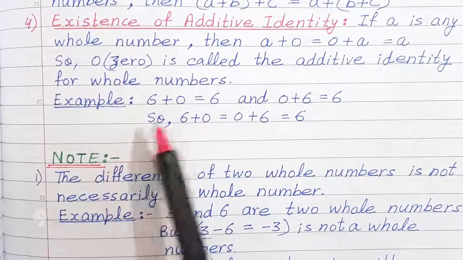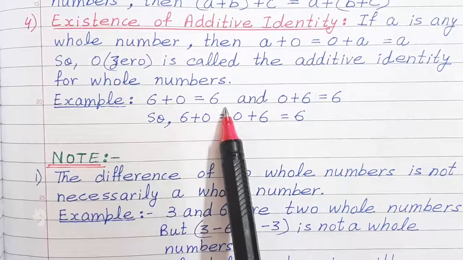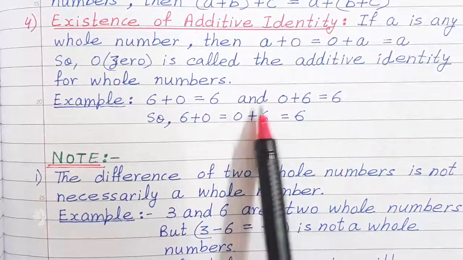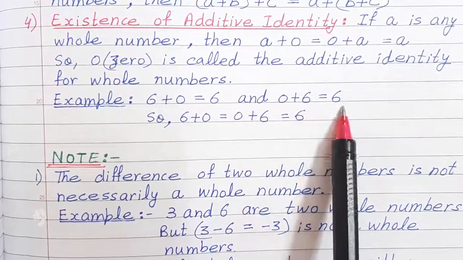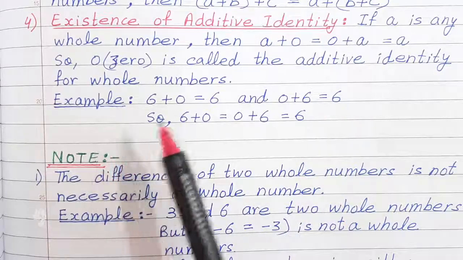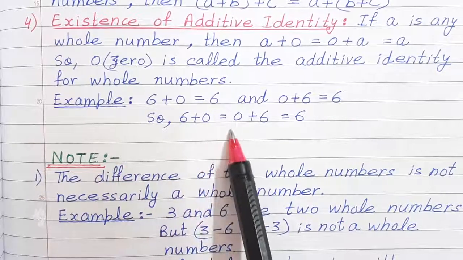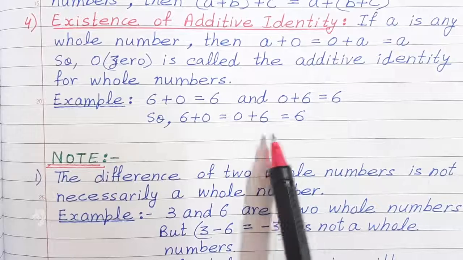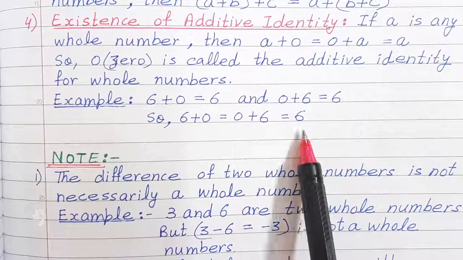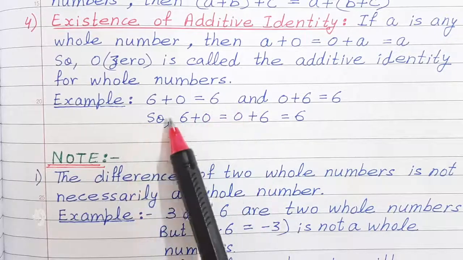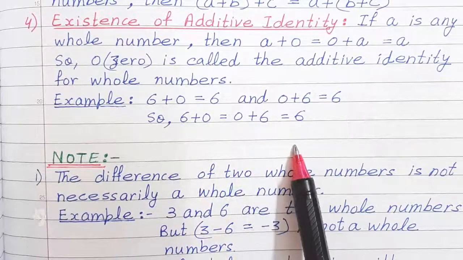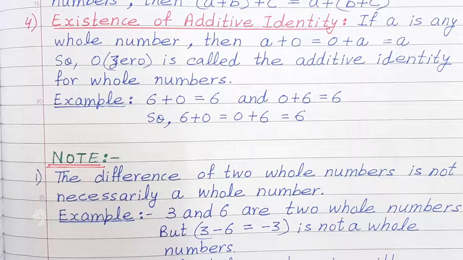For example, 6 plus 0 is 6. Similarly, 0 plus 6 is also 6. So, 6 plus 0 is equal to 0 plus 6, that is 6. This means any number, if we add 0 to it, it will be the same number, right?